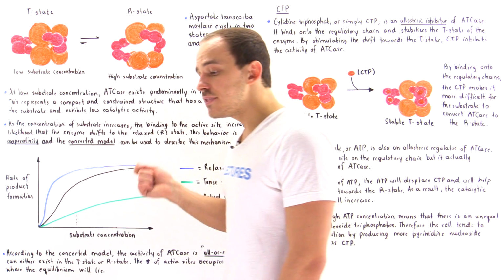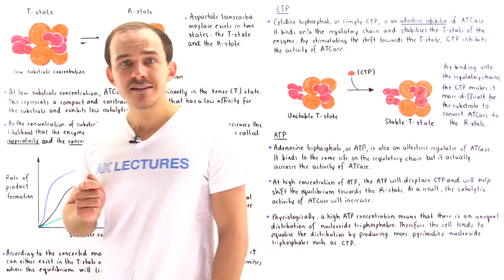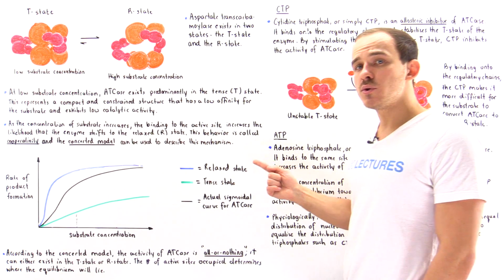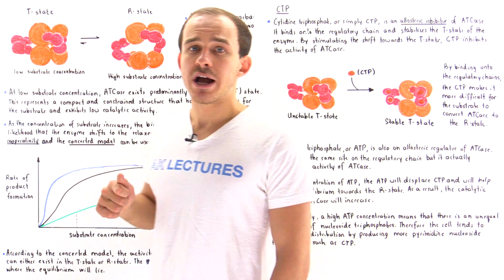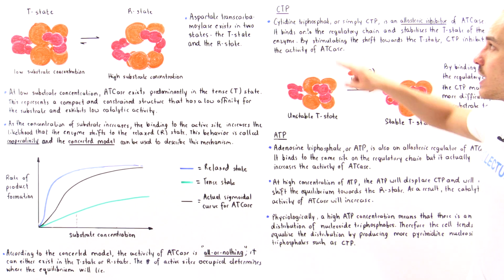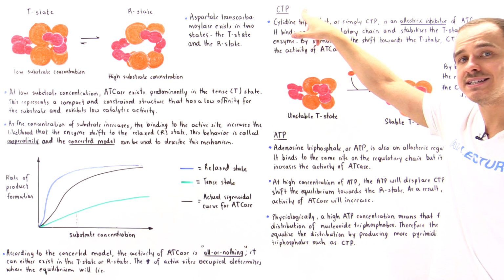But to actually synthesize these nucleic acids, we not only need the ATP, we also need other nucleoside triphosphates, specifically pyrimidine nucleoside triphosphates, such as CTP.